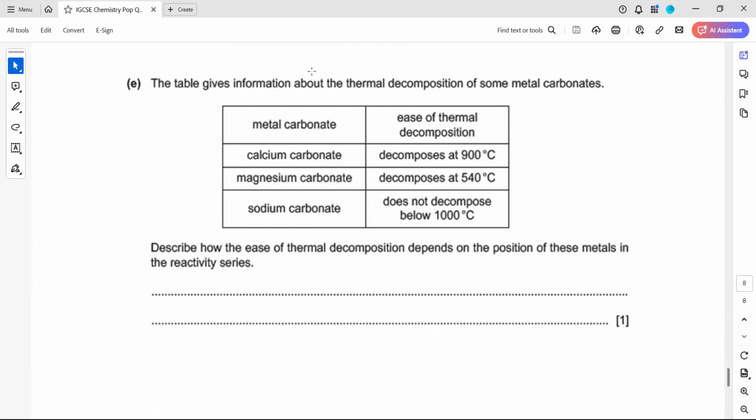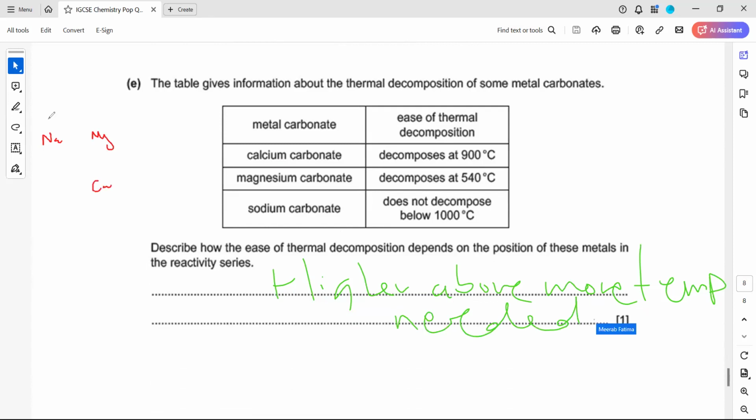In part E, the table gives information about the thermal decomposition of metal carbonates: calcium, magnesium, and sodium. Describe how the ease of thermal decomposition depends on the position of these elements. When you list these elements, sodium is here, then magnesium, and then calcium.